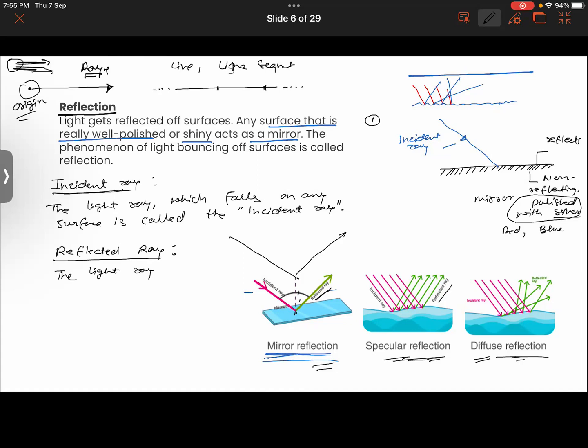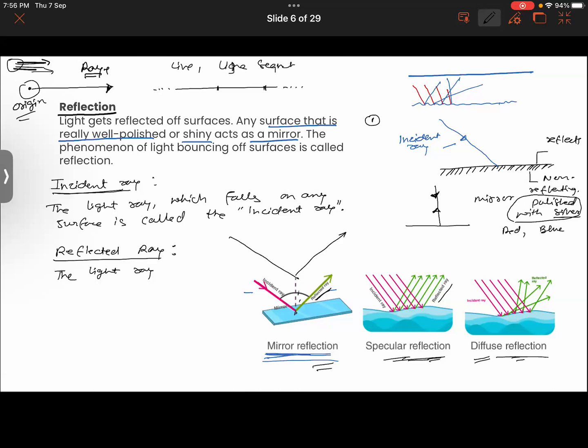Not necessarily the opposite way. In many cases, if the light ray is falling perpendicularly at 90 degrees, light is coming in this direction and will return in the same direction. So here you won't be seeing it in the opposite direction, and that will become more confusing.